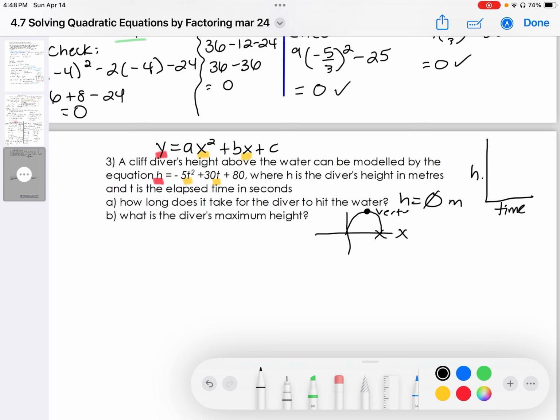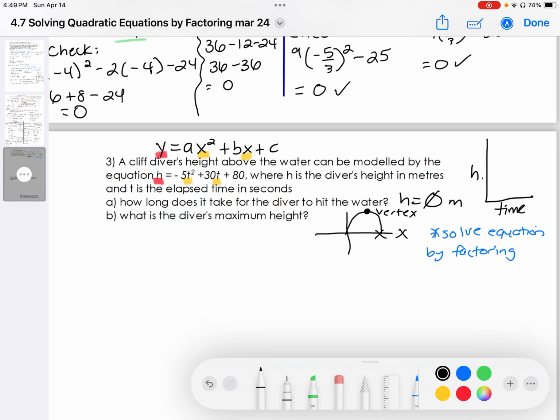So that's why we reviewed how to find the vertex. In order to find the vertex, we have to solve by factoring. We need to find where those roots are, and right now we can't do that.